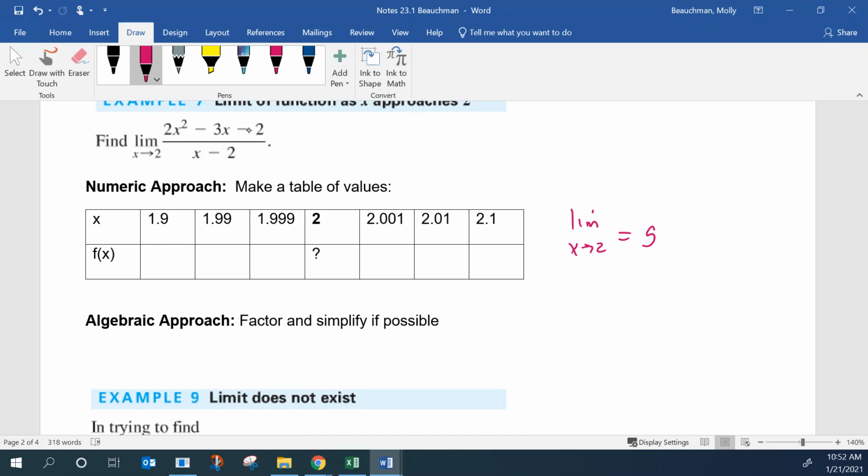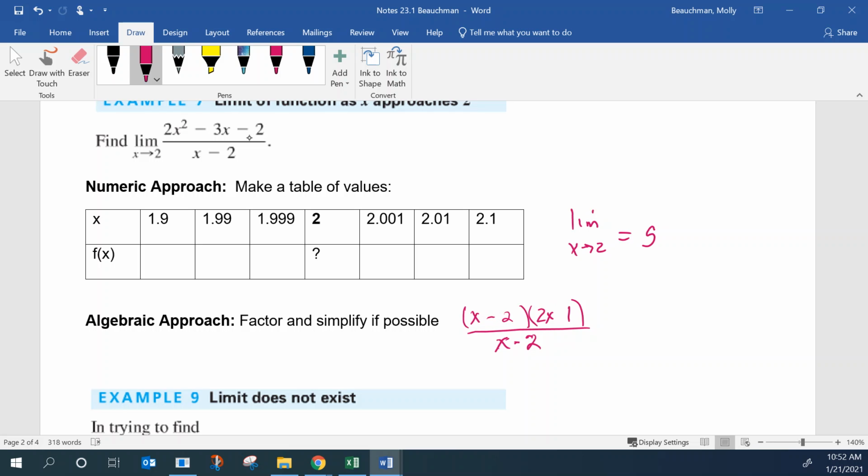If you can take the algebra expression and simplify it, this 2x squared minus 3x minus 2 actually factors. x in the first spot, 2x. And then I know that x minus 2 is going to be one of the factors because it's going to cancel. 2 times 1 is 2.